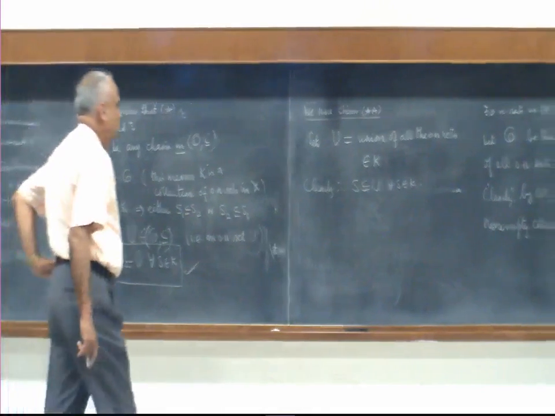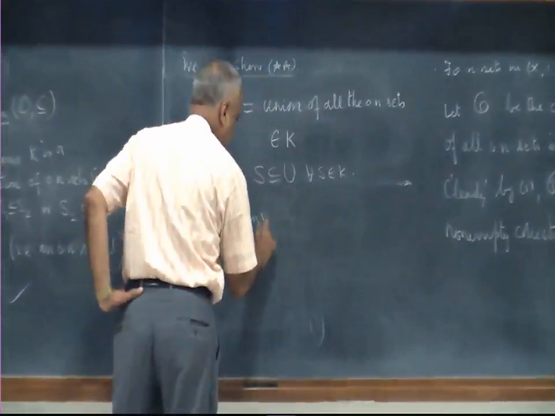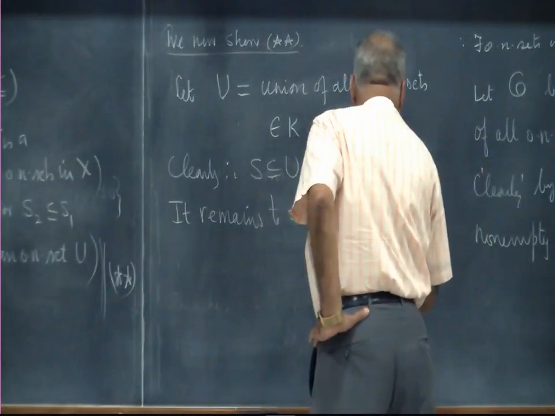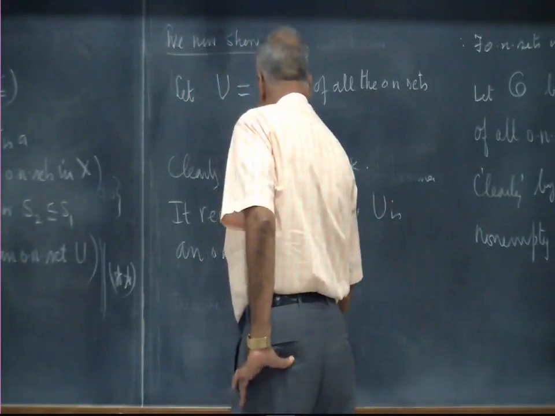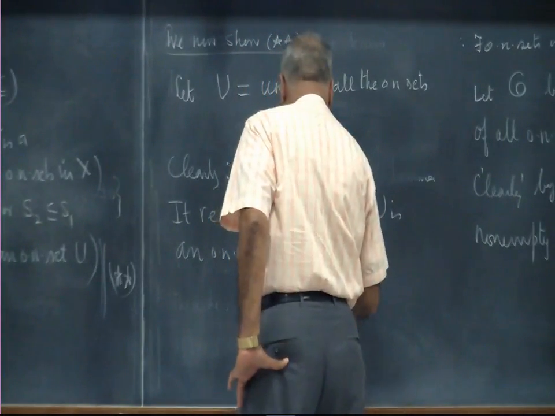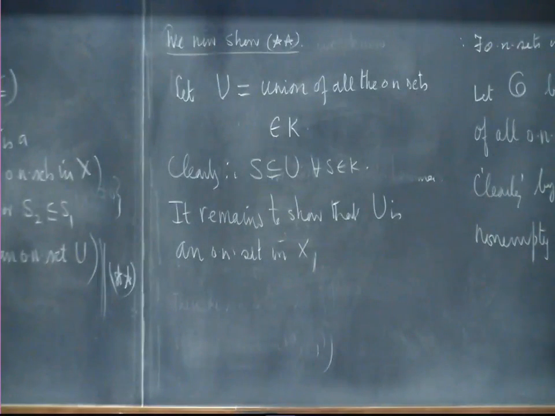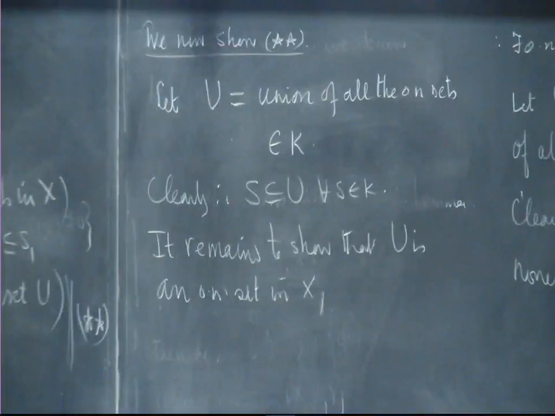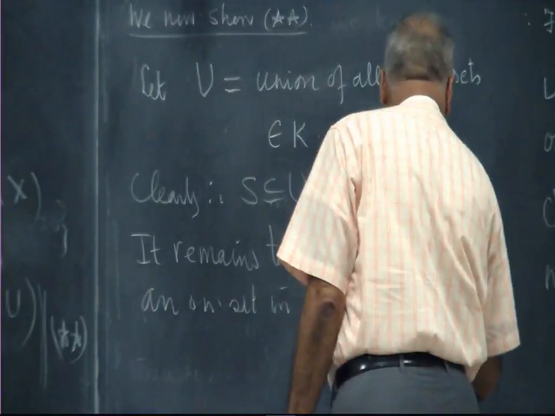So, it remains to show that U is an orthonormal set in X. That is all that is to be shown. If we show this, then I have an orthonormal set which dominates every member in that chain K. Therefore, the chain K has an upper bound. Zorn's lemma guarantees the maximal element. So, that is triple star. So, finally, it boils down to this.